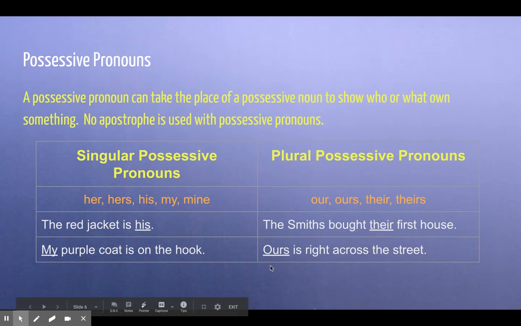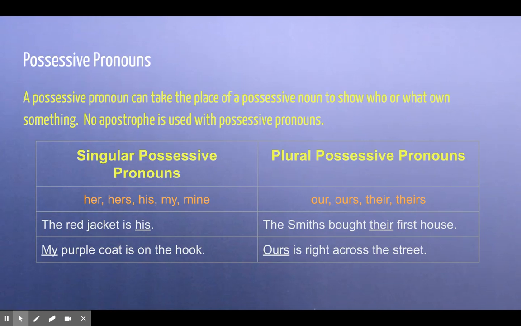Then we have our plural possessive pronouns. This is meaning more than one person. So our could be mine and my daughter's. Ours would be another way to say it. Their and theirs is also the same way. The Smiths bought their first house.